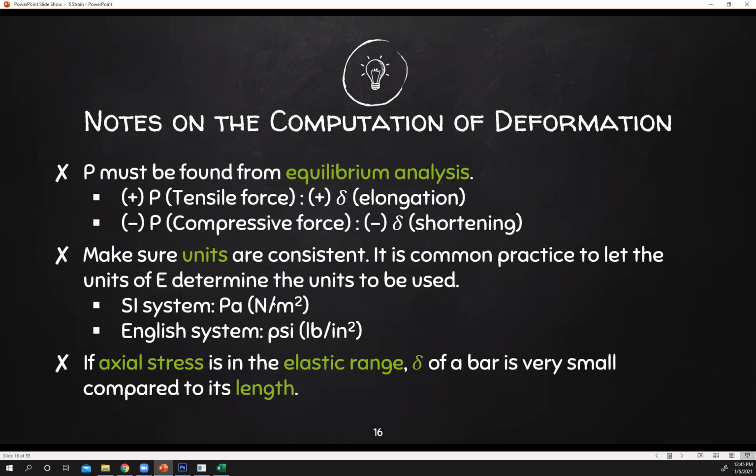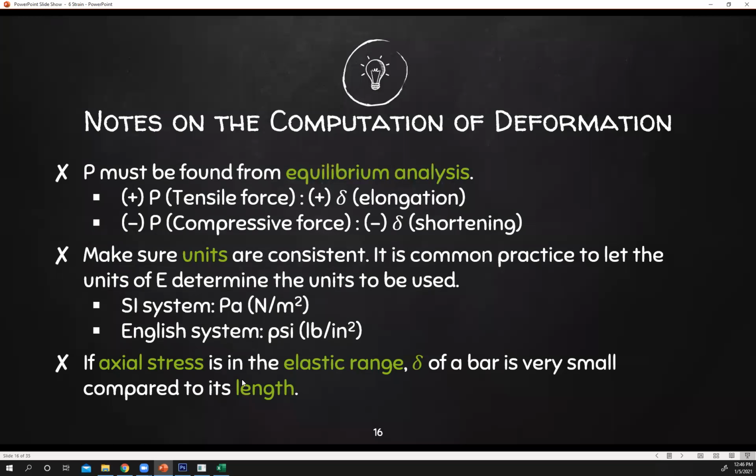Everything must be in newtons and meters. Or if you want to use newtons and millimeters, MPa, everything must be in newtons and millimeters, depending on what's being asked. Then English system, your psi, 29 times 10 raised to 6, so everything must be in pounds and inches, right?